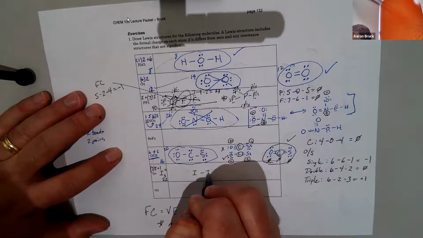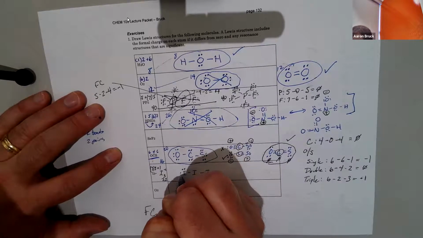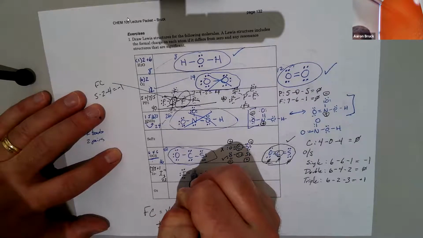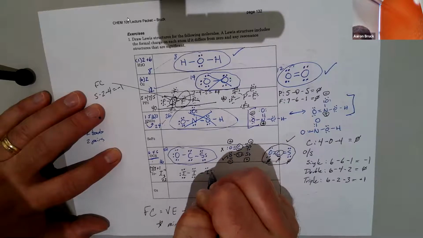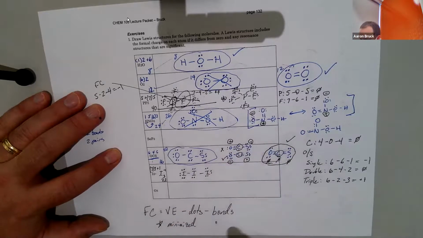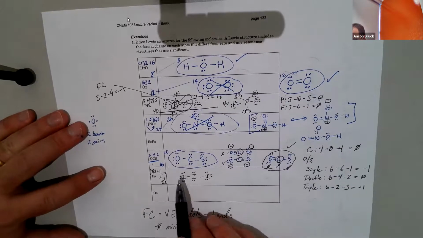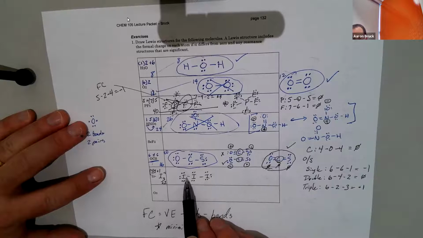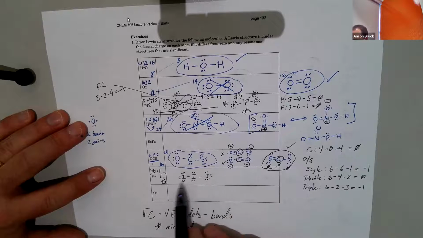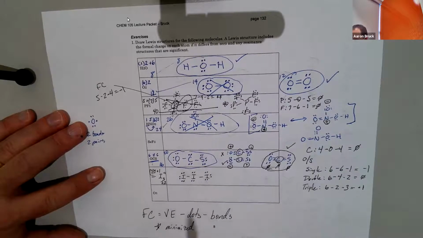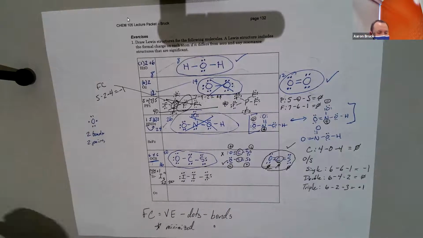Iodine in the middle, simple structure, single bonds, fill out my octet. If I do this, I see 2, 4, 6, 8, 10, 12, 14, 16, 18, 20. 20 electrons in this structure. I'm supposed to have 22.